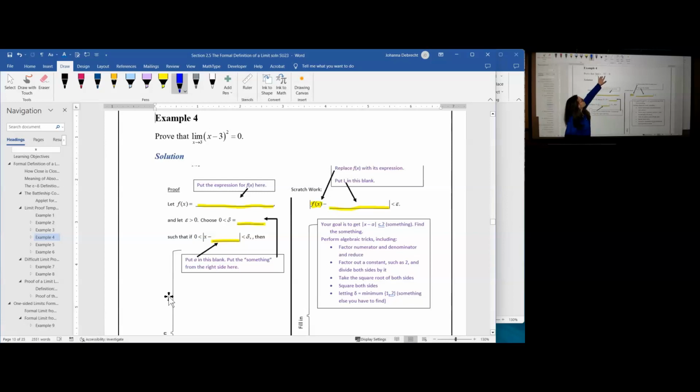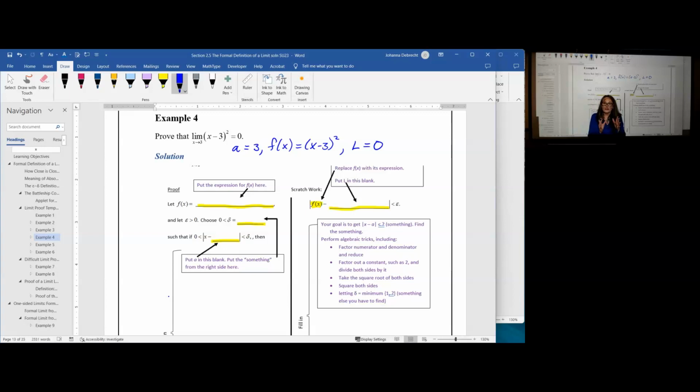This one is actually a quadratic, x minus 3 quantity squared. So again, we're going to identify our pieces. X is approaching 3, so a equals 3. Our function is the binomial squared, x minus 3. And our value of L is 0. Don't be thrown by 0. It's still a number.